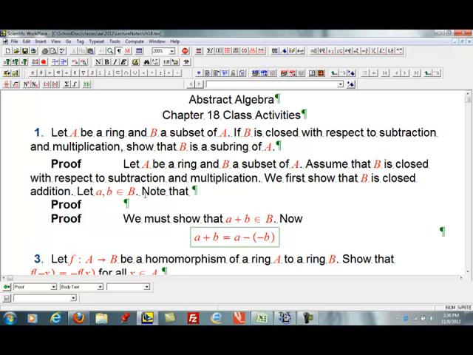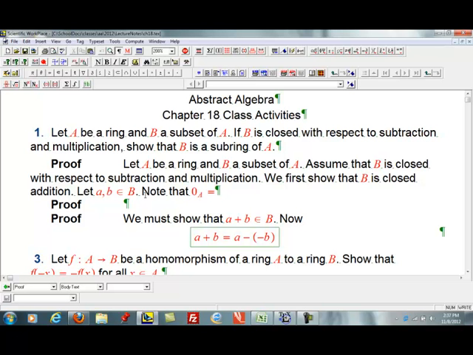Note that the additive identity we're calling 0 from A has to be equal to what? In terms of our element B, in our set B, what can we do to B to get to the additive identity? Subtract it, right?